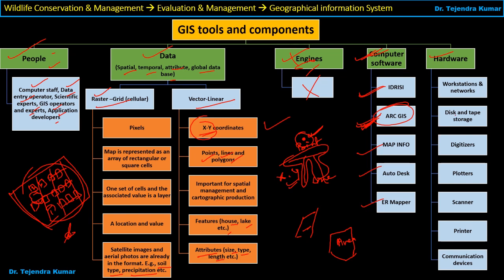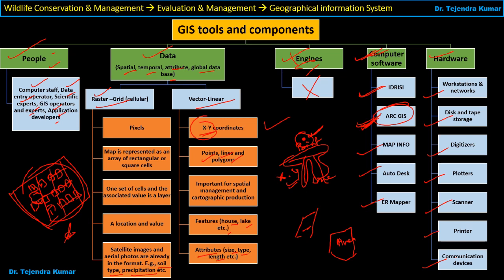Hardware includes workstations and networks, which are also required for making the ground stations. Disk and tape storage for collecting and storing data, digitizers, plotters, scanners, printers, communication devices. All these are also important for GIS processing or components.